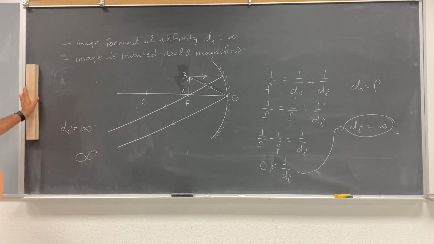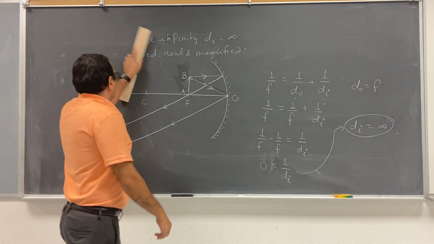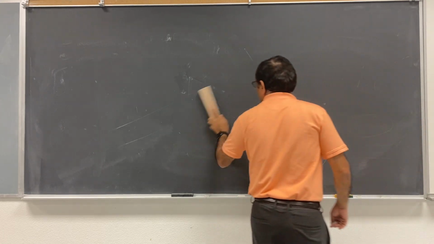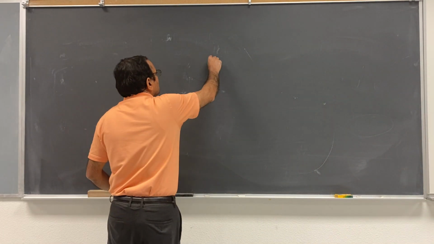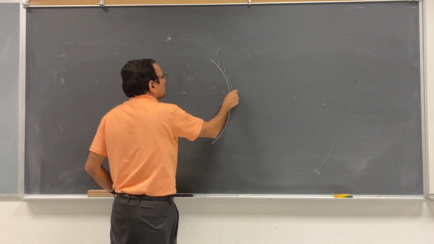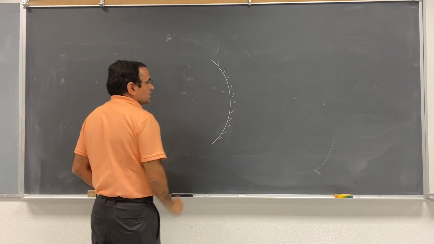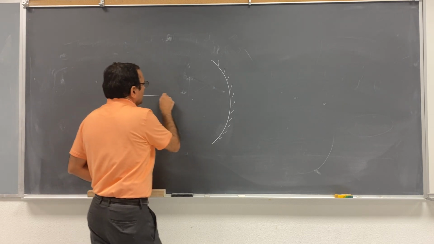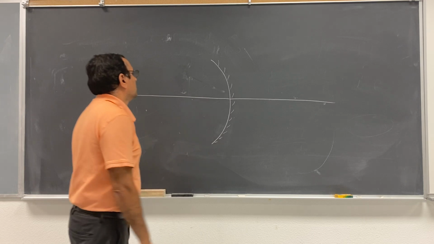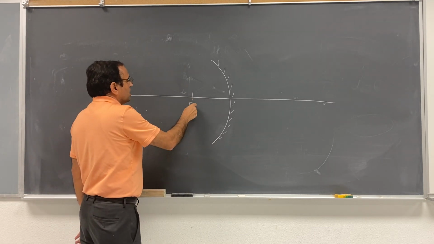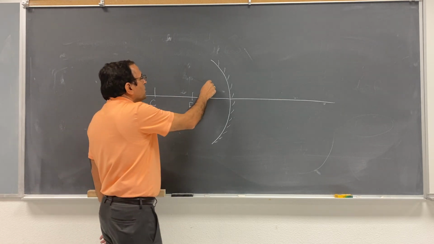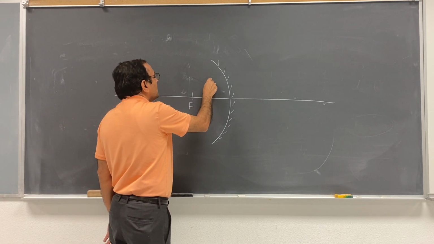And the another homework I gave you was this. Again, let us draw the concave mirror. This is the concave mirror, and here is the principal axis. Here is the focal point F, here is the center of curvature, and you keep the object right here inside the focal point.